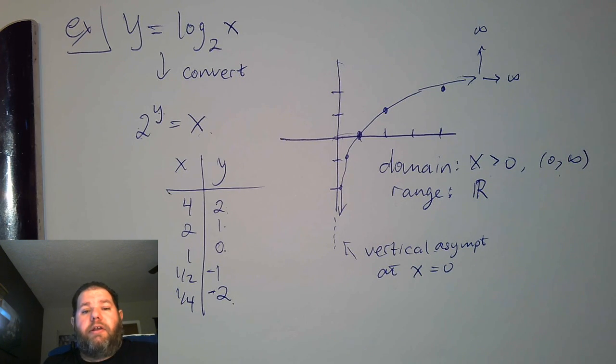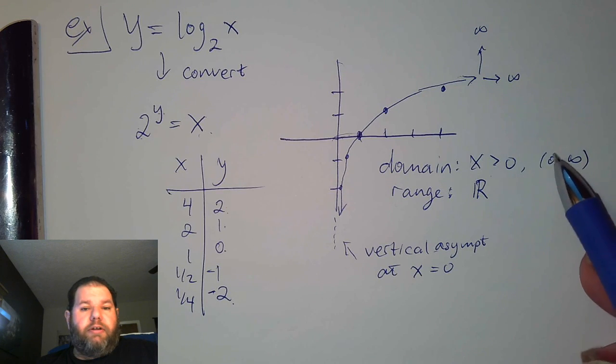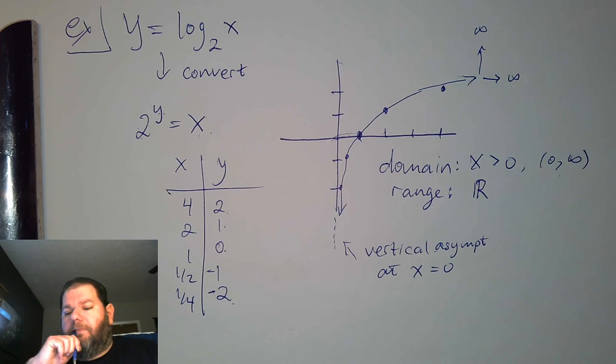It will keep growing, it just takes a long time for that number to grow. And that's actually one of the reasons we use logarithmic functions, is because it's a very slow accelerating function as x grows. Yeah, we cannot take log of 0, so we don't include that in the domain.